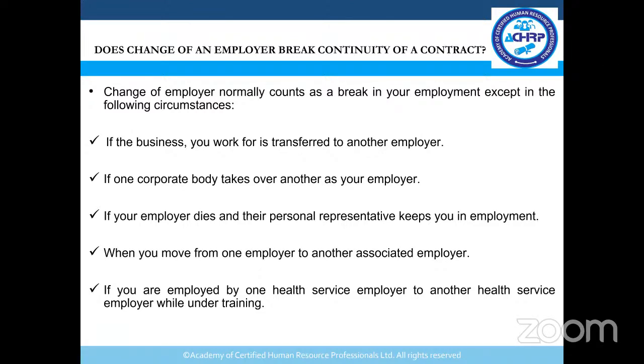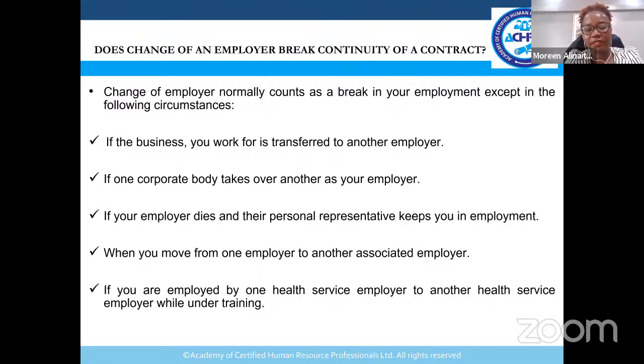If you are employed by one health service employer to another health service employer while under training, for example, you've been employed as a trainee, and then you are now moving on to another health service as a trainer, you can be considered to continue, for your contract to have continued.